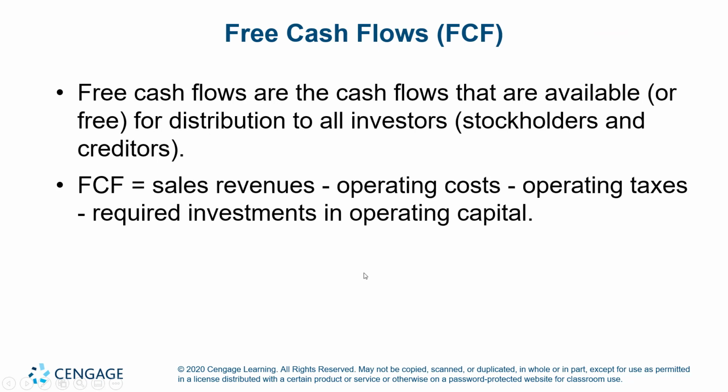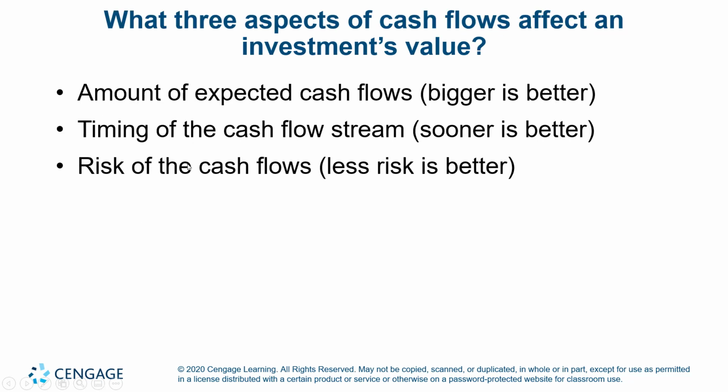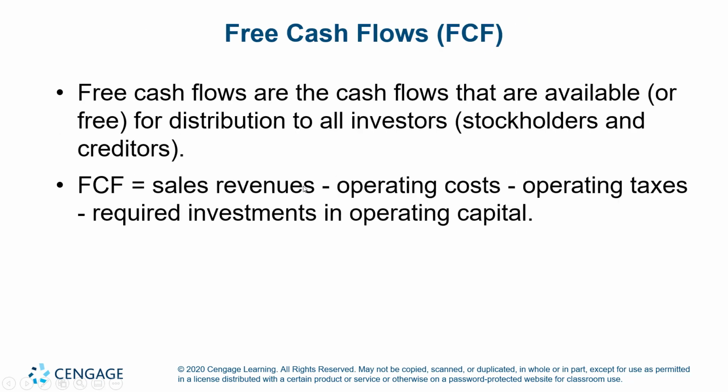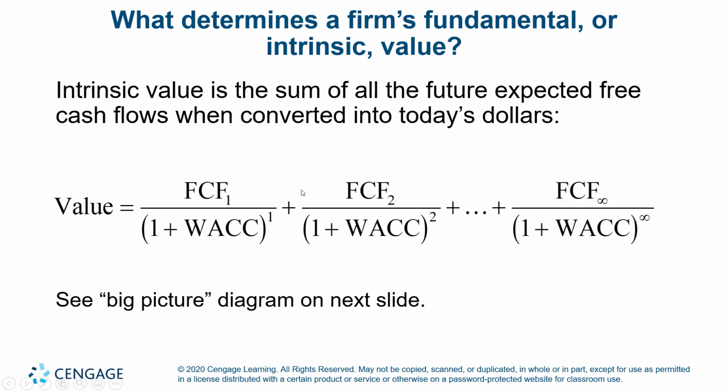As you know, the third part is the risk of the cash flow, and the timing of cash flow, the earlier the better. The intrinsic value of the firm is the sum of all expected future cash flows converted into today's dollar terms.